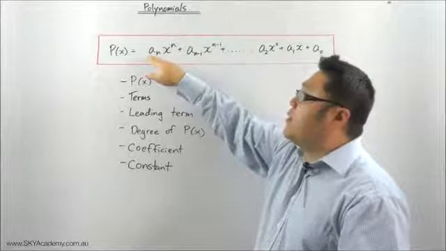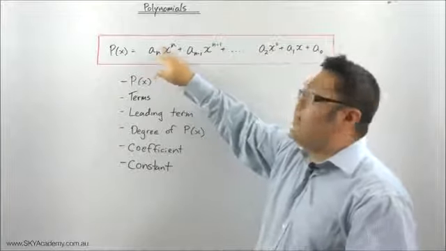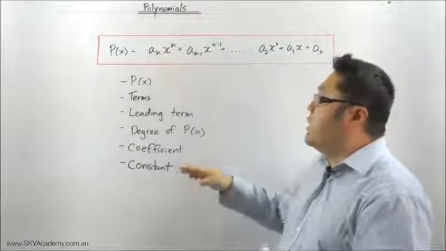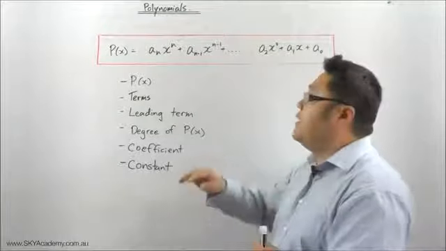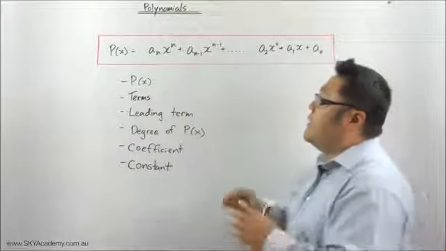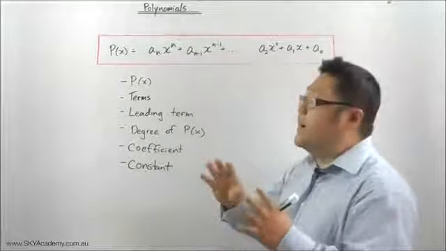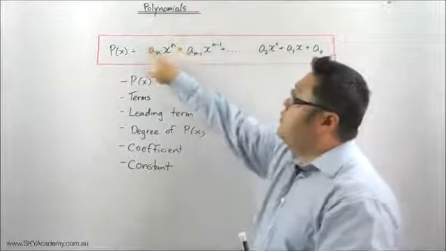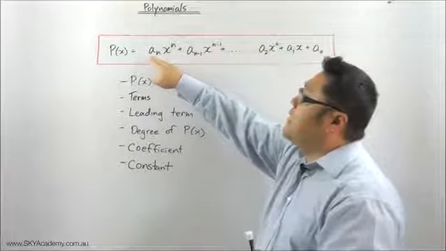We'd call that constant an. That constant out the front is called a coefficient, or a number out the front. That is basically the general form of a polynomial.